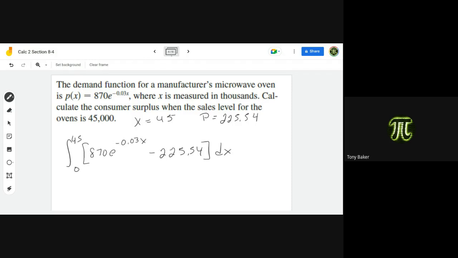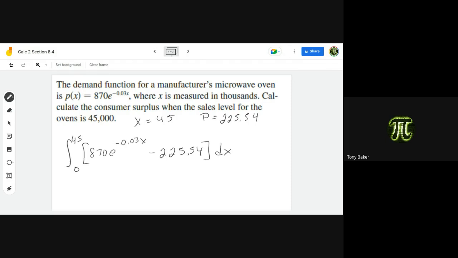I was like, huh. On just e or e to the x. Well, you have to do it on the e to the negative 0.03x, because you have to do the implied U substitution there. The implied u sub brings it out front, right?